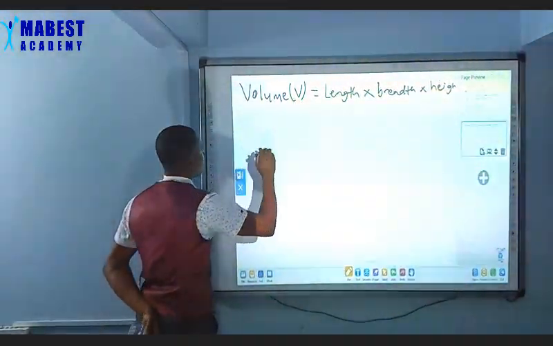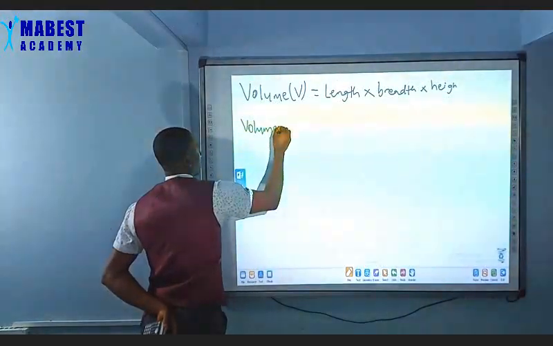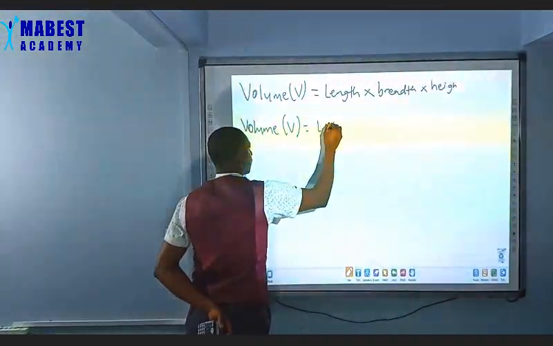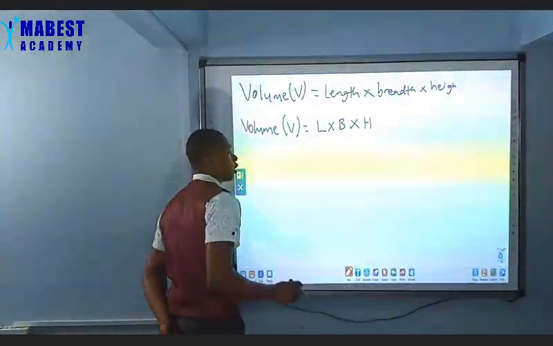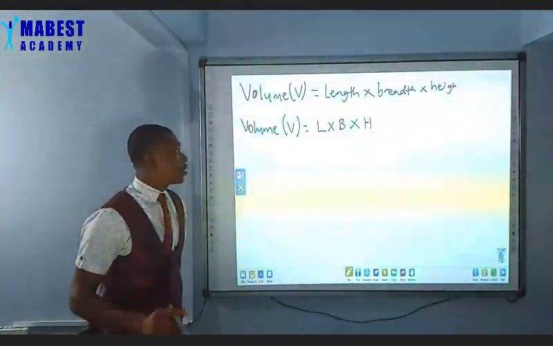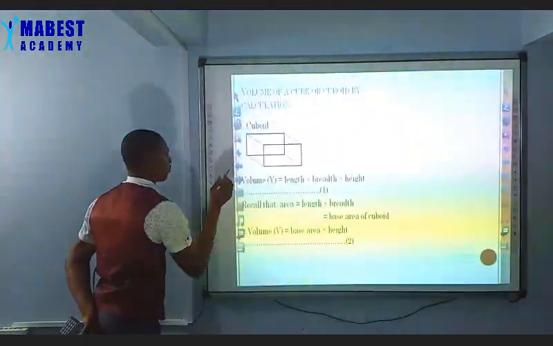So the volume V equals length times breadth times height. And don't forget the unit will be in centimeter cube or meter cube, or whatever the case may be.